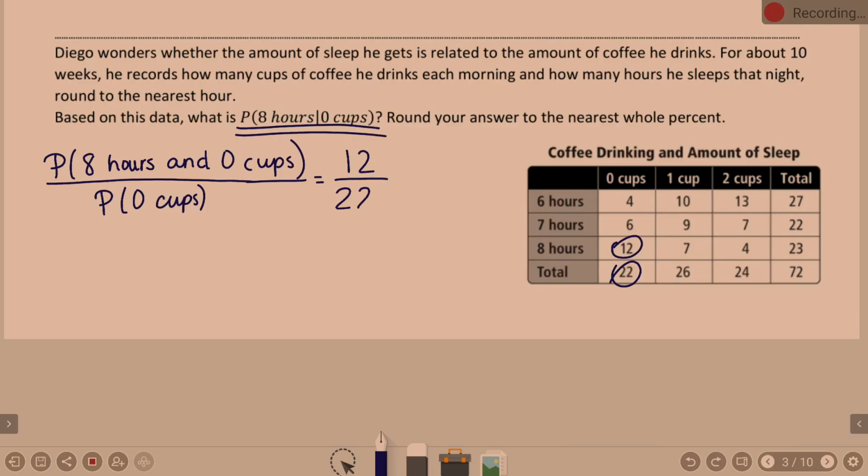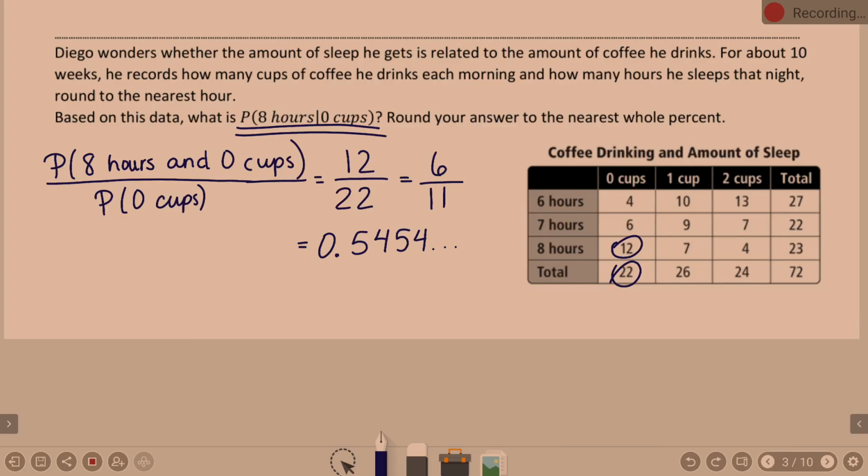What do we know about 12 over 22? That's 6 over 11. Now, officially it said we're going to round this to the nearest whole percent. So let's see, what's this become as a decimal? Well, the decimal is 0.54 repeating, if I'm correct.